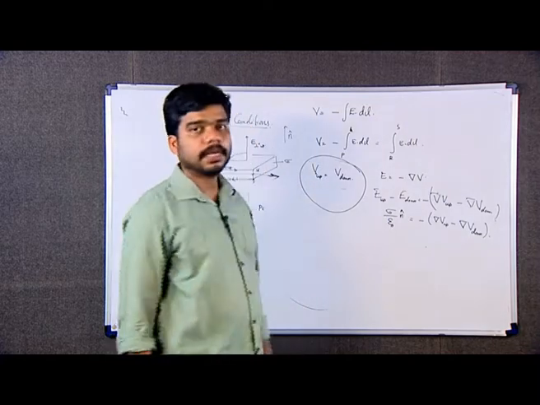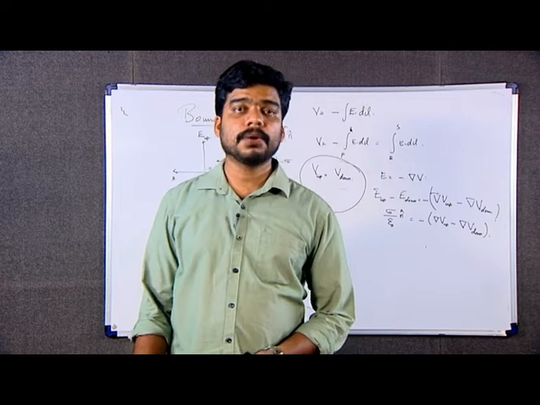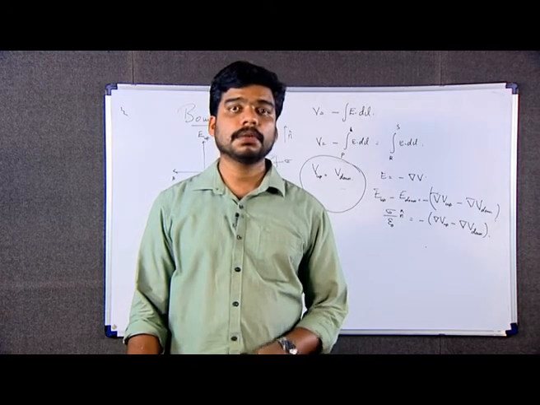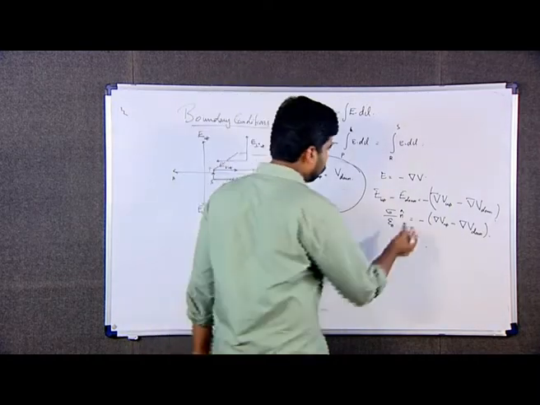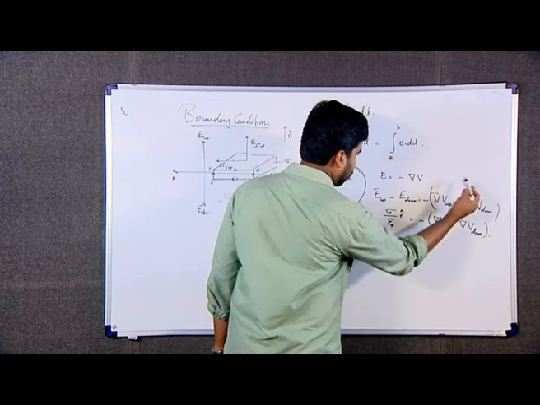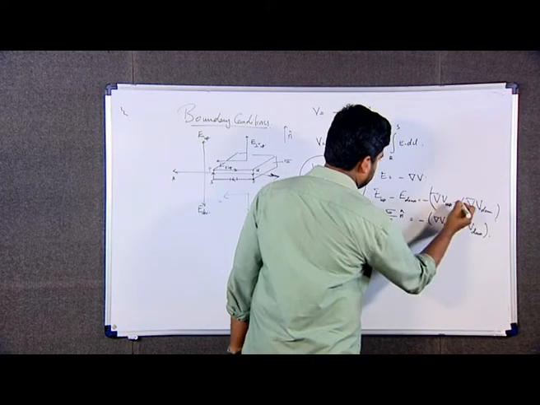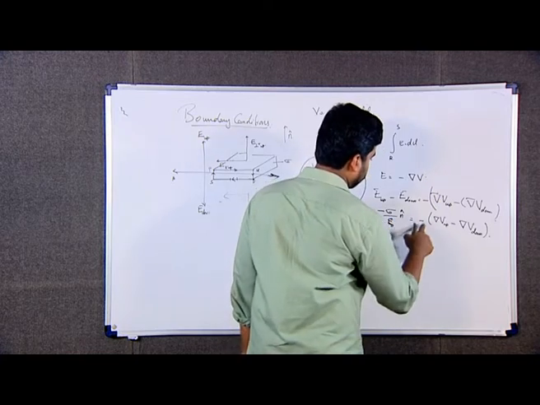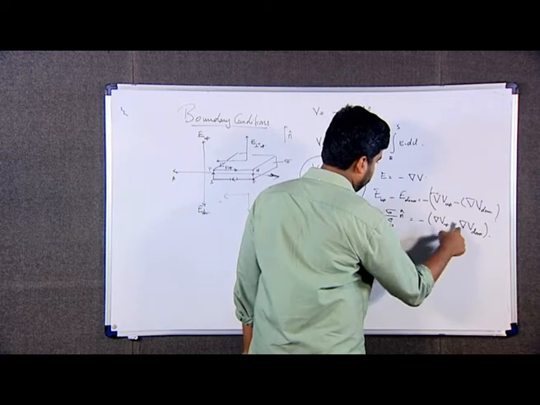Del V up minus del V down. This is the boundary condition for the gradient of the potential. So, E is equal to minus del V, and there will be an extra minus sign because this contains a minus, which is equal to minus sigma by epsilon 0 into n cap, which is equal to minus of del V up minus del V down.